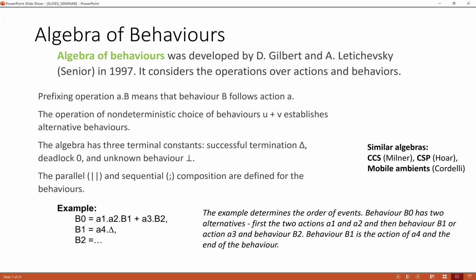The purpose was to create this algebra more general. Milner is concerned with just synchronization and semaphores and other semantics of message passing, but this is more general, and the Milner algebra can be created in the scope of the behavior algebra.